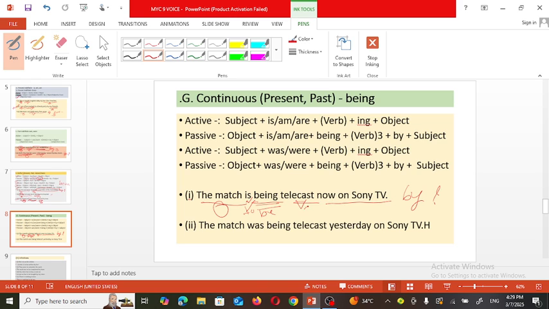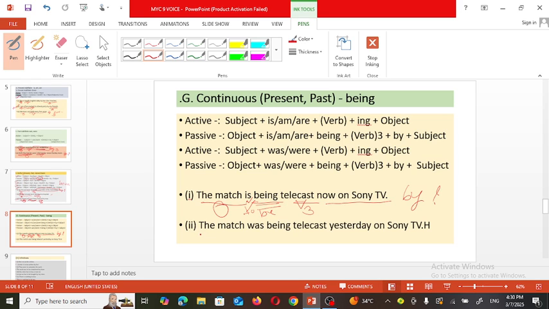This is the third form of the verb. Telecast, its third form is telecast only. Second form and third form are the same, telecast. So the match is being telecast now on Sony TV by the sponsor. Or if we want to change the sentence into the active voice, sponsors are telecasting the match now on Sony TV.